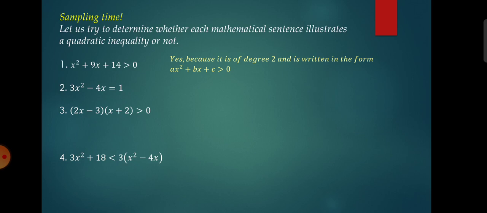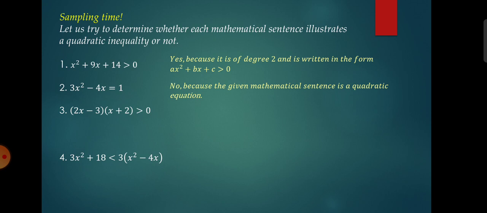The highest exponent of x there is 2. And it is written in the form of ax squared plus bx plus c greater than 0. The second example, 3x squared minus 4x is equal to 1. No, because the given mathematical sentence is a quadratic equation because it has the symbol equal.